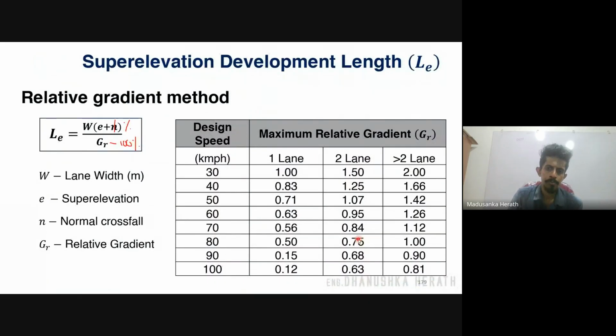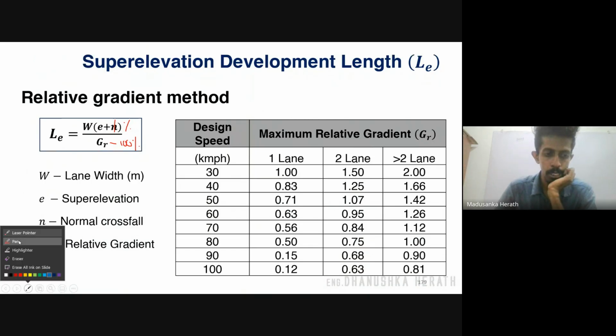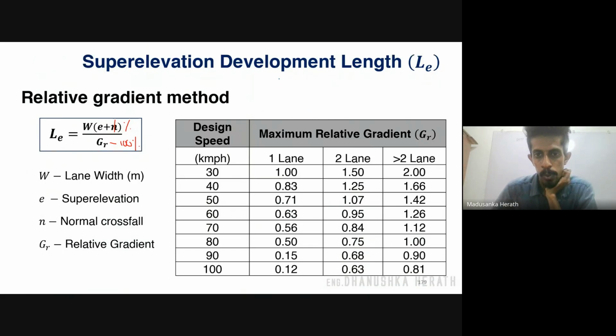Two lane two way means we are rotating only one pavement, right? So you have to keep it in mind. A two-way two lane road has two lanes, but these two lanes are in two different directions. This is in this direction and this is in this direction.